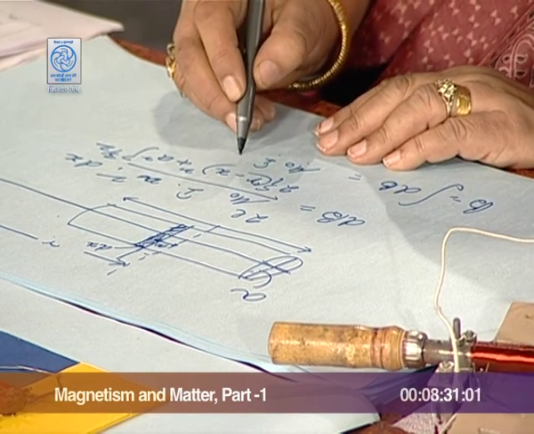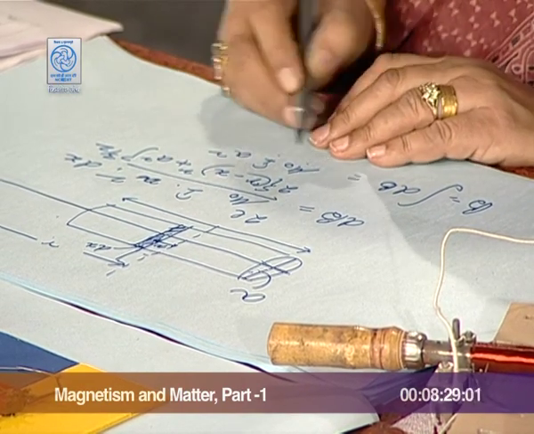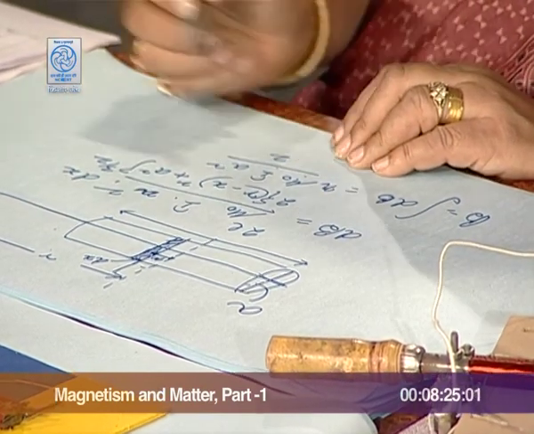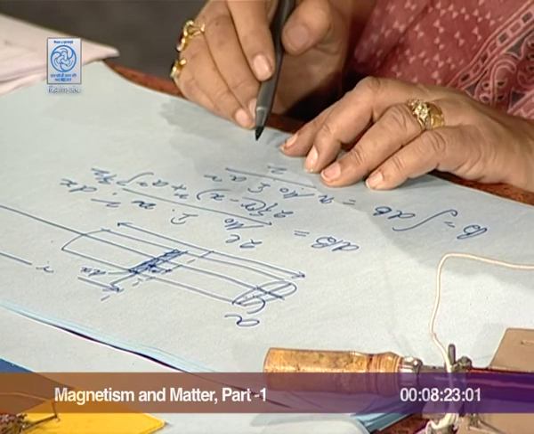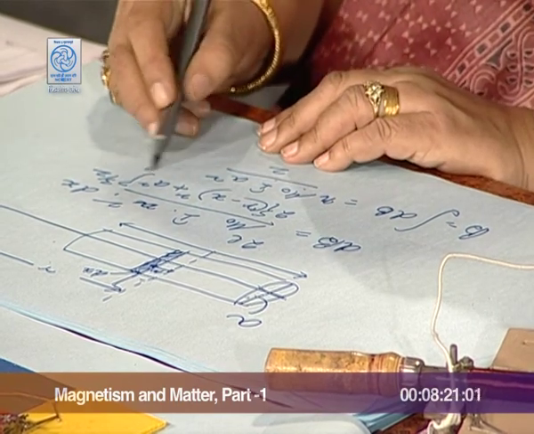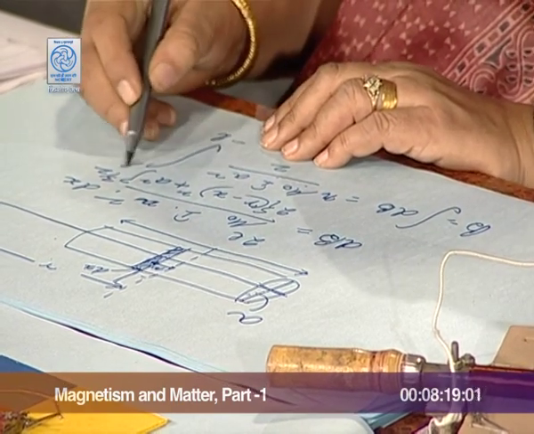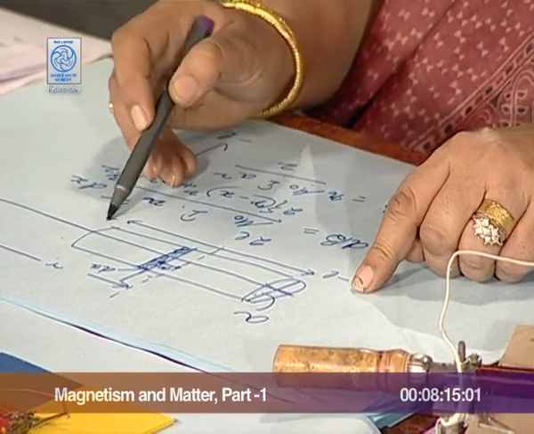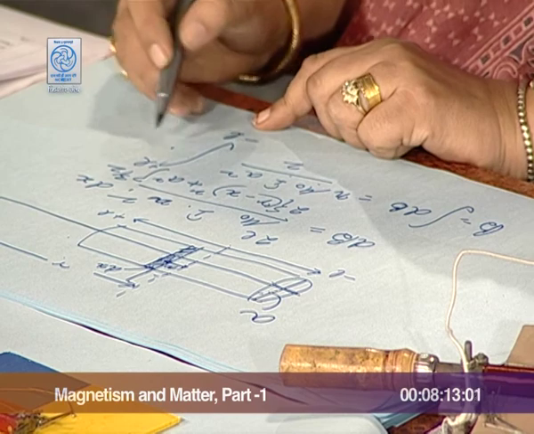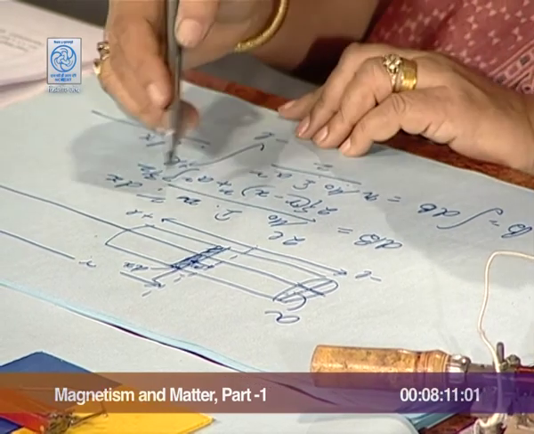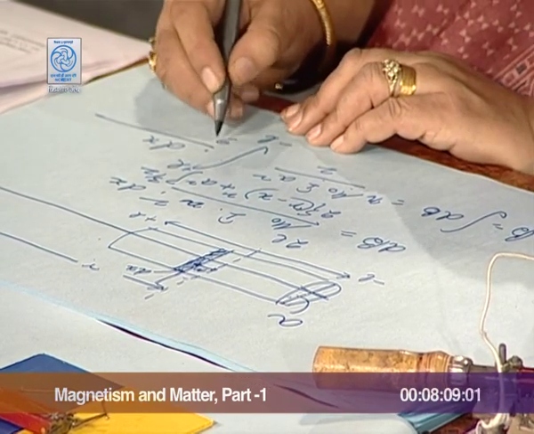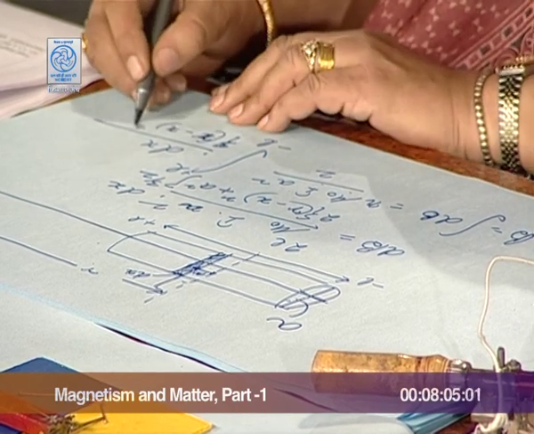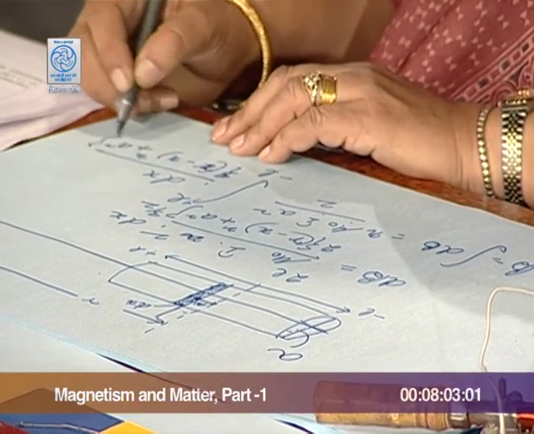Mu naught I into a squared upon 2, and if there are n turns per unit length, then you will account for that factor as well. And from minus L to plus L, from the center minus L would be this and this would be plus L, and all the way the denominator remains the same, (r minus x) the whole squared plus a squared raised to 3 by 2.